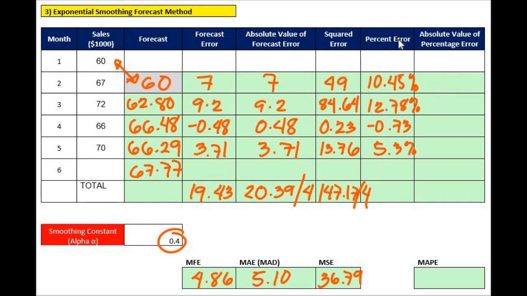We get the absolute values of this column: 10.45, 12.78, 0.73, and 5.3. We get the sum, that would be 29.26% divided by 4. Our MAPE will be 7.32%.